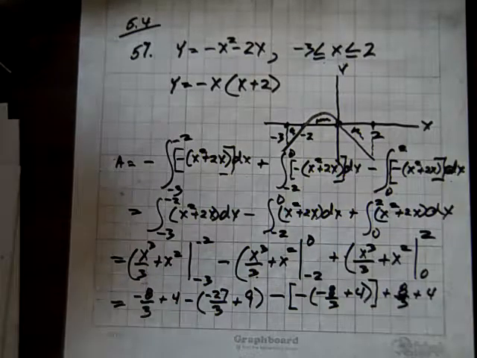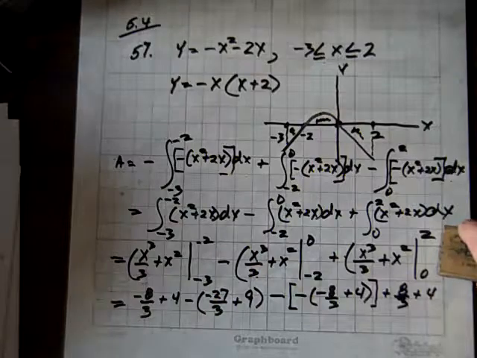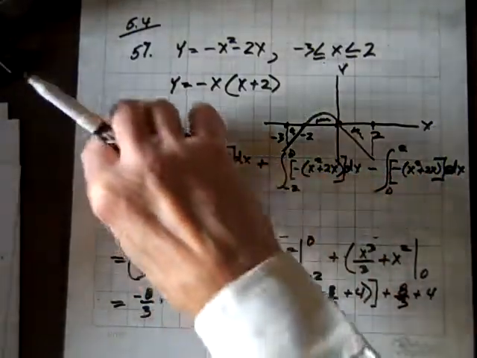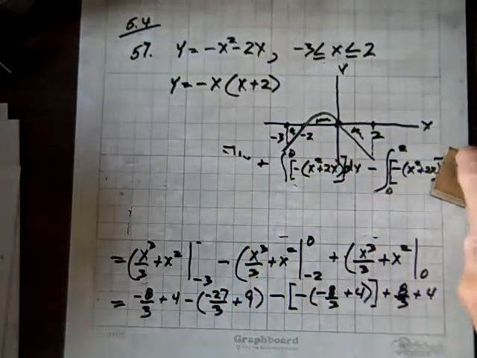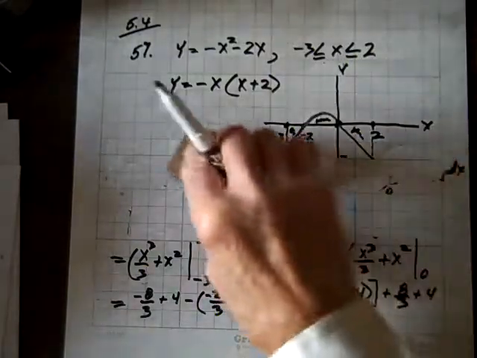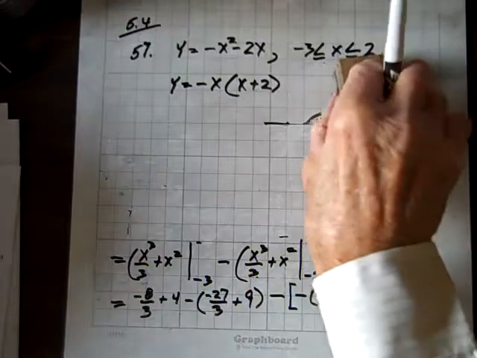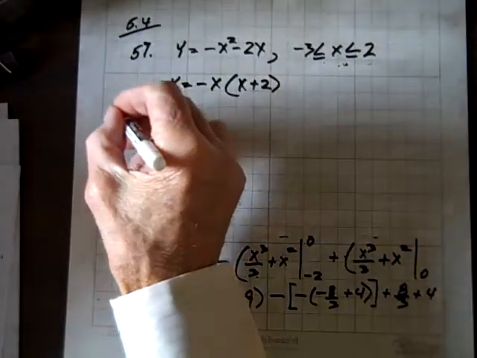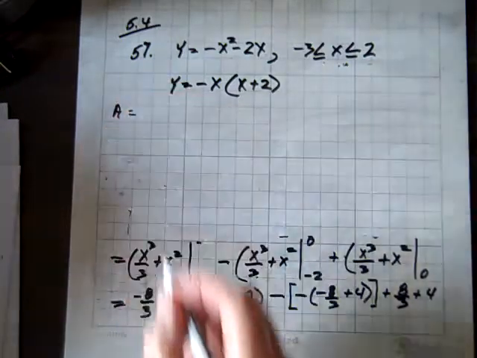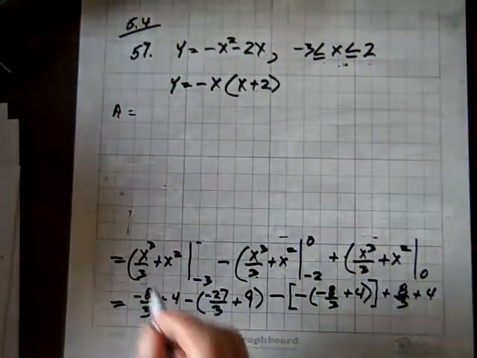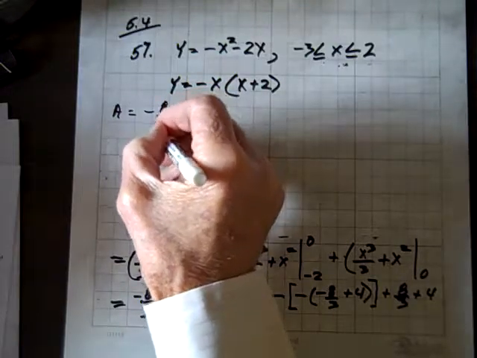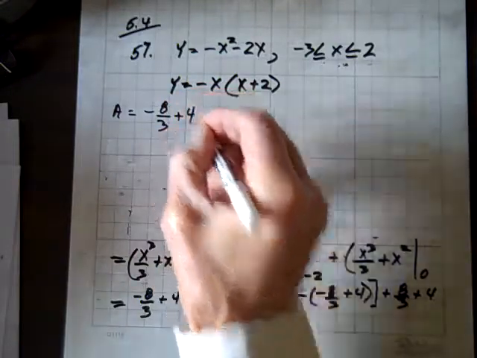So now, let's do a little erase, and we'll see what we get here. So again, area equals, and I get a negative 8 thirds plus 4.